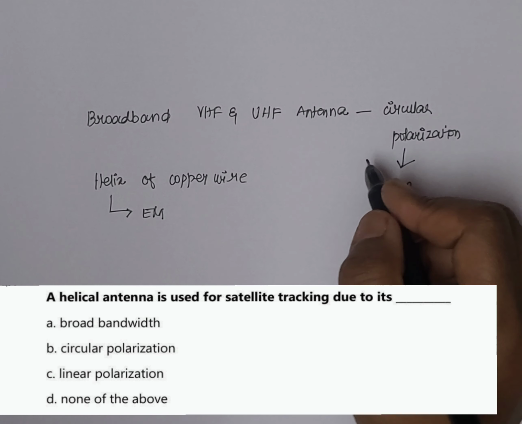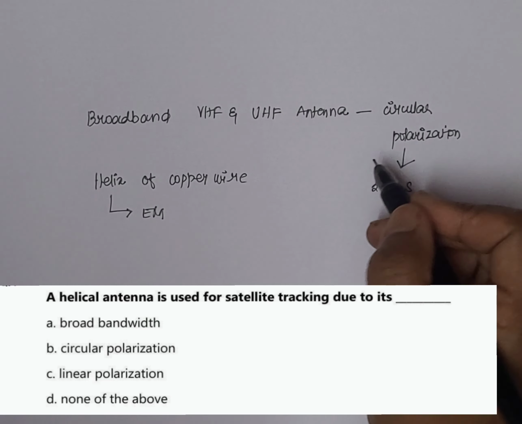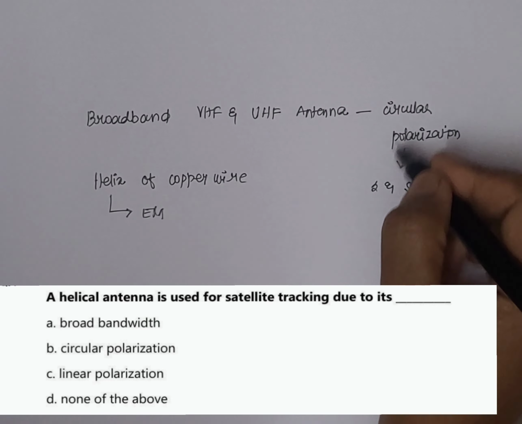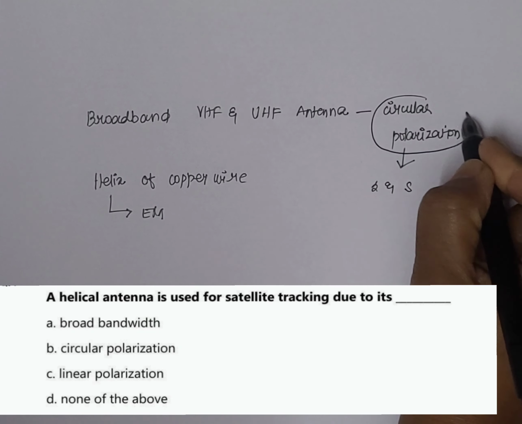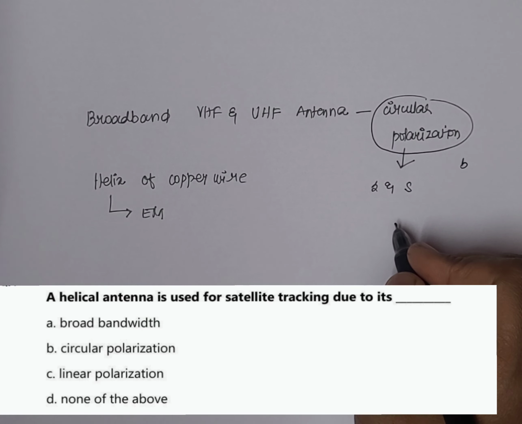These are the characteristic features of a helical antenna. The question is about which characteristic feature makes the helical antenna suitable for satellite tracking. It is the circular polarization, which is available under option B. So option B is our correct answer.